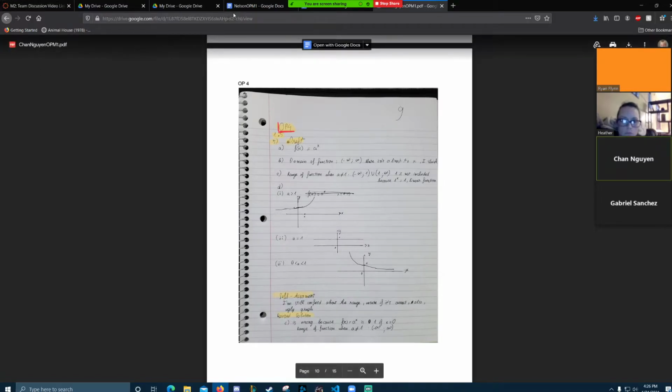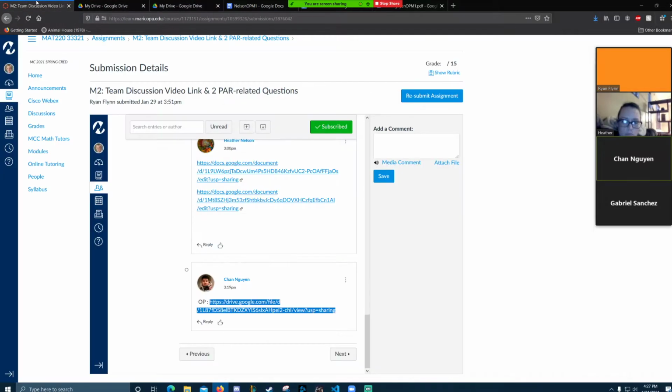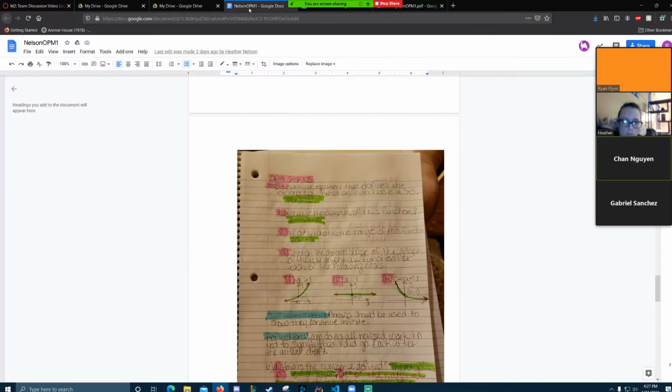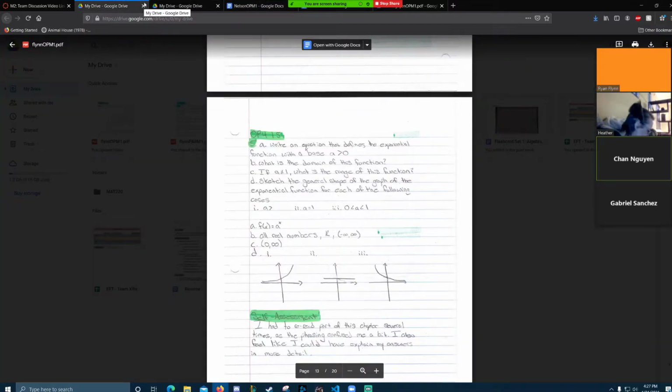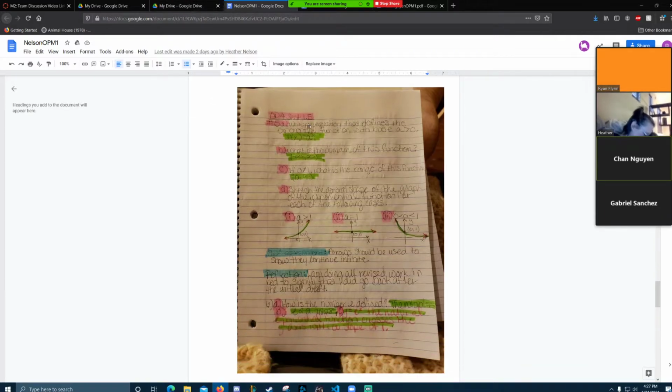I think you kind of got it mixed up with the domain, because once you get into negative exponents, it doesn't work the same way as a normal exponent.